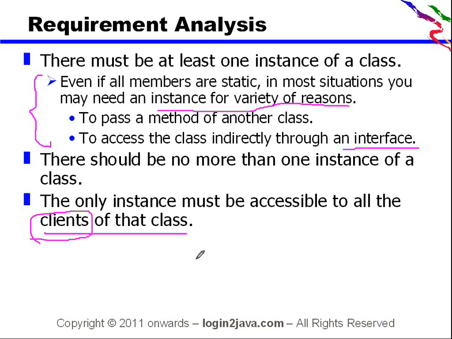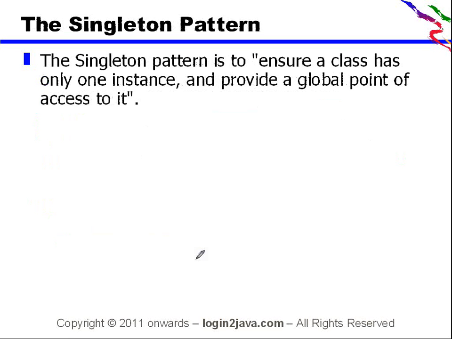So the client is the user program, the user code of that particular singleton class. So in general, the singleton pattern is to ensure a class has only one instance and provide a global point of access to it.